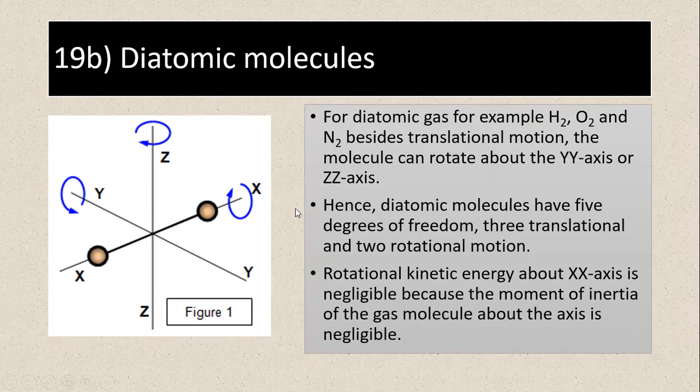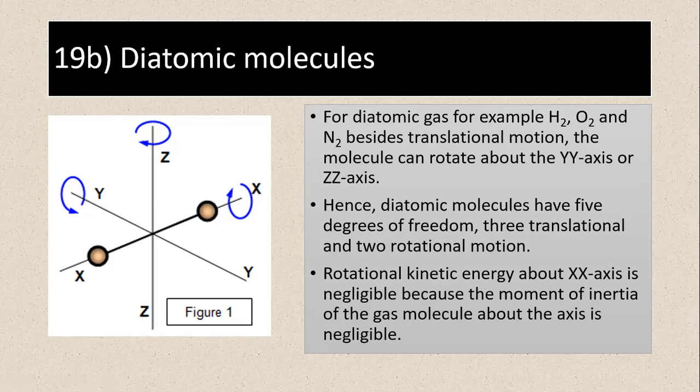Wait, I don't understand the rotational thing. What's that? Rotation about X, yeah? You can only rotate around X. Can go clockwise, can go anti-clockwise. This one can go vertically, so it's far away from the center. And this one has a very small moment of inertia. So it's only XX, YY, ZZ you can rotate about.